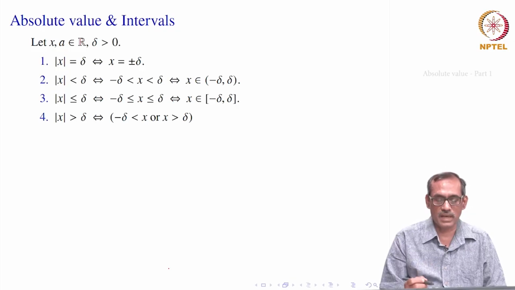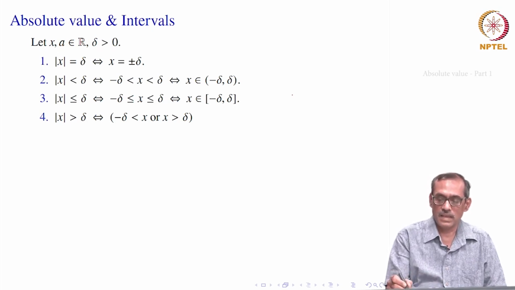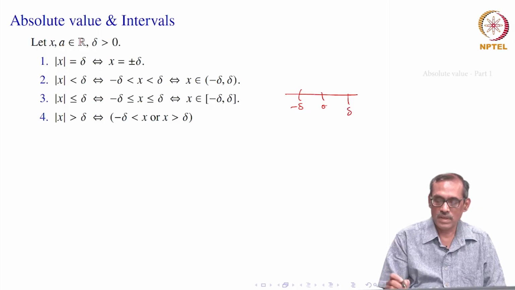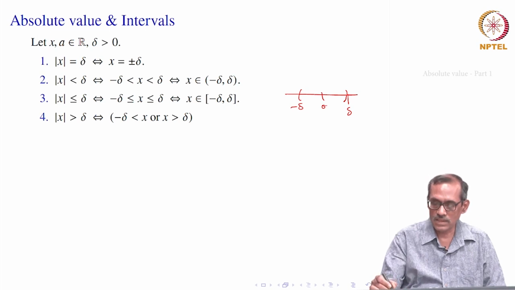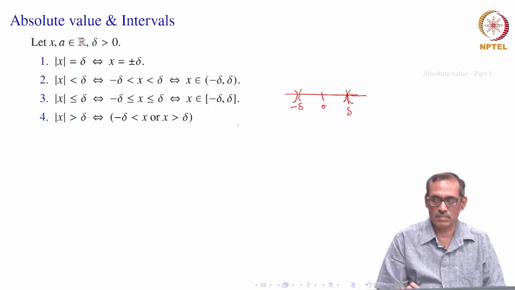And now, suppose it is bigger than delta. That means we have to look at its complement, that x should not belong to minus delta to delta. Or in other words, if mod x is bigger than delta, this is your delta neighborhood, then it is not possible for x to be here. x has to lie somewhere on this side, and x may also lie on this side, which is another possibility.